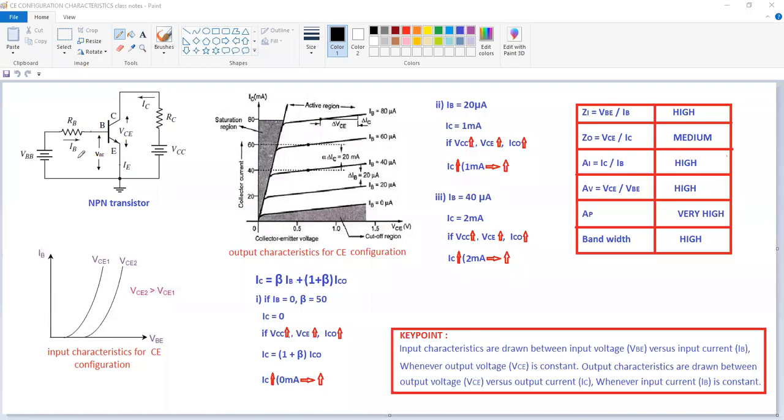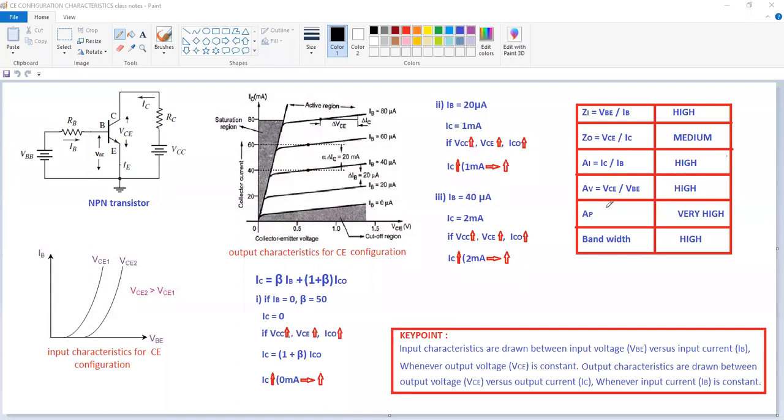Here IB is in terms of microamps, so the denominator is very low, and because of that the current gain is high. Voltage gain is defined as output voltage VCE to input voltage VBE. This is also a high value. Here VCE is high and VBE is a low value, so the total value is going to increase.